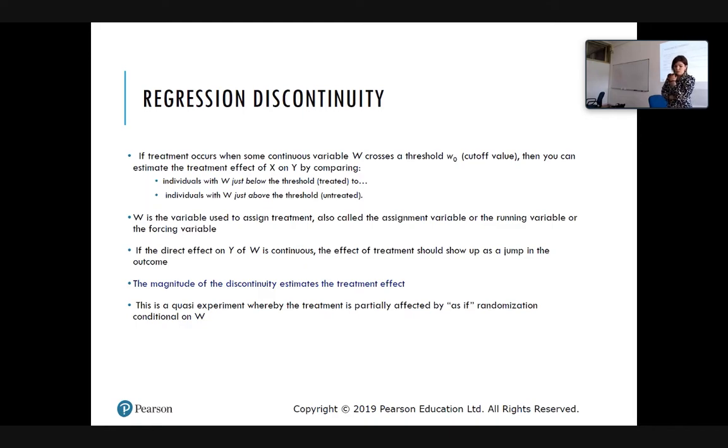So if you remember, we have a quasi experiment in all the cases in which, instead of having an experiment where we are in a lab and we randomly assign a treatment to some people and we do not assign the treatment to another group of people, here we are in the case of an as if random assignment.